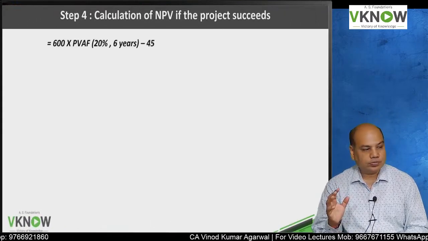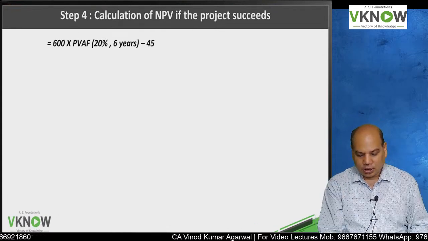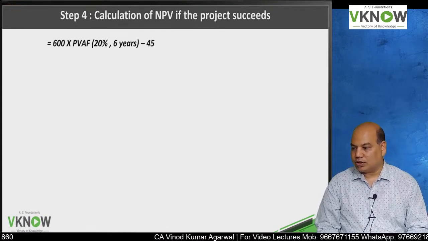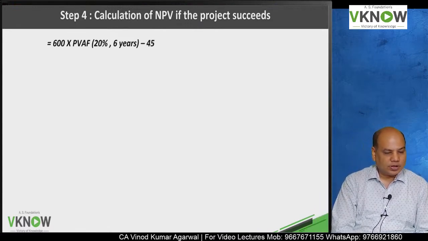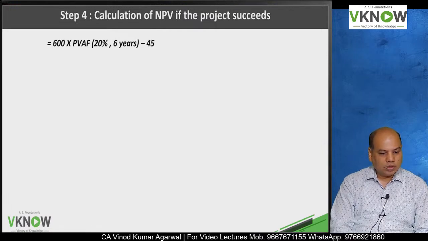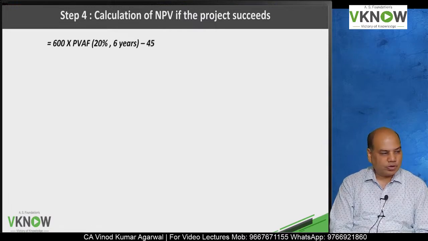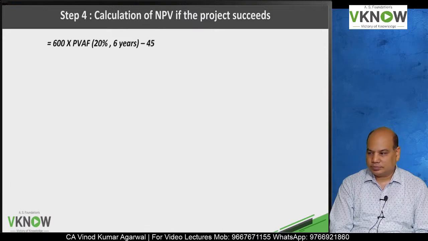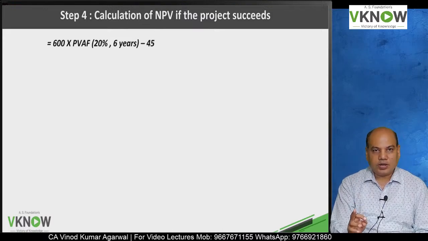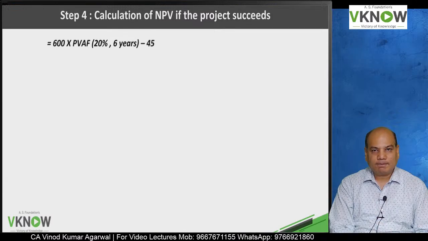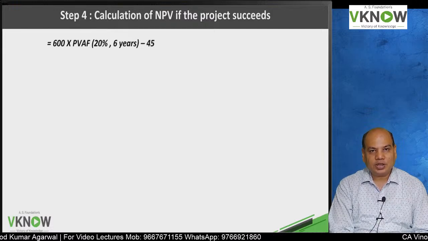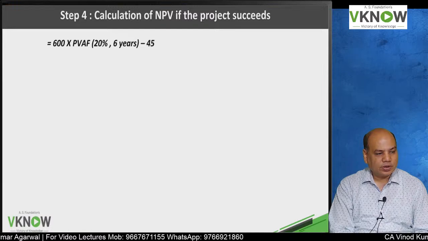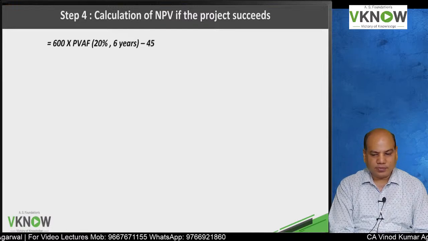Now I need to compute NPV if the project succeeds. Write down step 4: calculation of NPV if the project succeeds. That is 600 multiplied by the PV annuity factor at 20% for 6 years, minus the initial investment of 45.